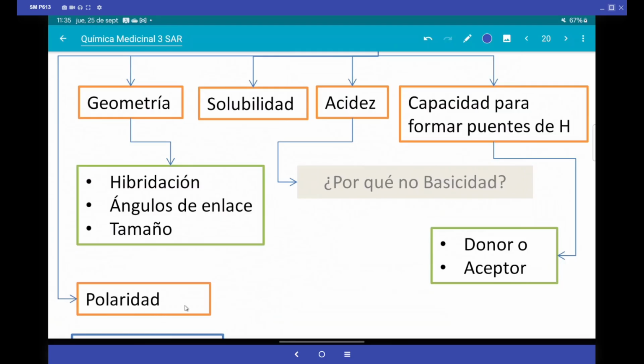For example, if you have a molecule with an OH group in this position, we are going to say that it is similar to if you have another similar group connected there, for example, NH2. Now you see, but that is very different. One is a base, the other not.